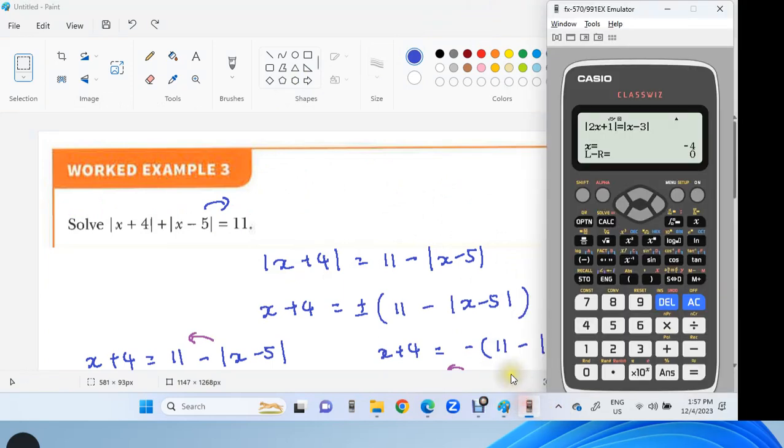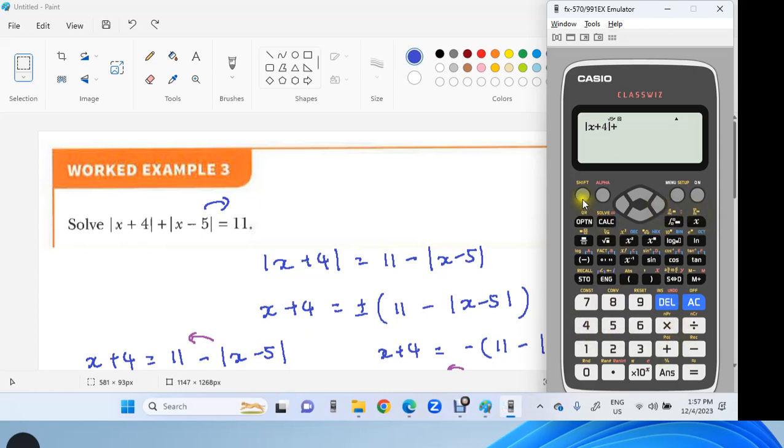So for this one, the L minus R equal to 0, that is the left hand side minus the right hand side equal to 0. Absolute value x plus 4 plus absolute value x minus 5 alpha equal 11. Shift solve.